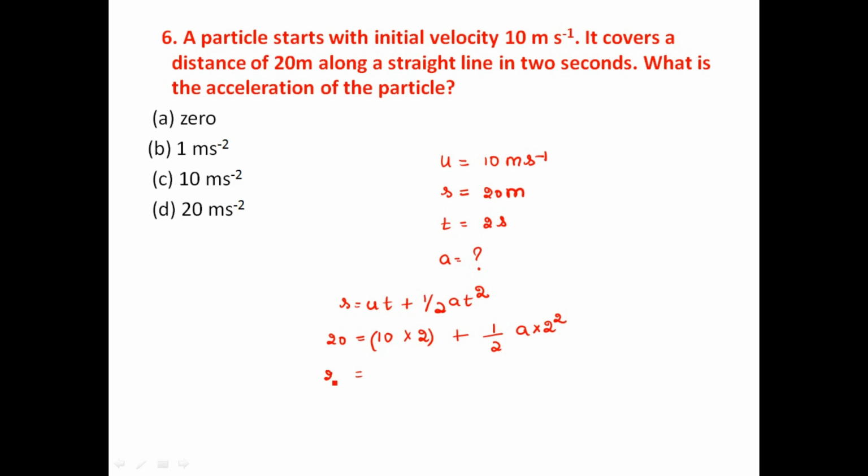So it is 20 is equal to 20 plus a cancels and you're left with 2a. What about the acceleration here? 2a is equal to 0 and hence acceleration is 0 meter per second square. The correct option here is A. Option A, 0 meter per second square.